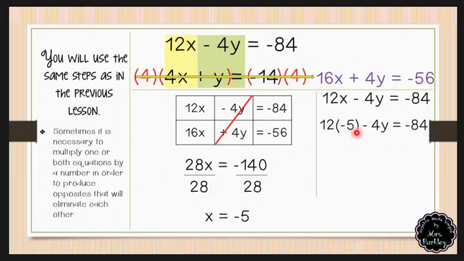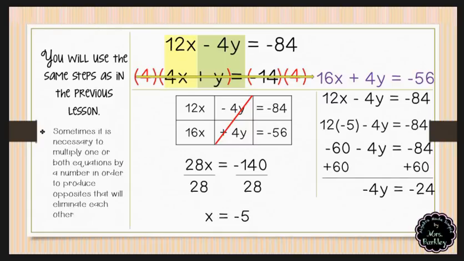I would multiply 12 times negative 5, which is negative 60, minus 4y equals negative 84. I can add 60 to both sides of the equation, and then I'm left with negative 4y equals negative 24. Once I divide both sides of the equation by negative 4, I would get my y value to be 6. So the solution to this system would be the ordered pair negative 5, 6.